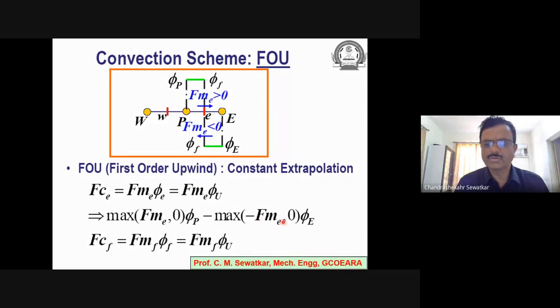And minus F_me, this becomes positive. So this term will be maximum and hence this term will be retained. So when the flow is in positive x direction, this term is retained. When the flow is in negative x direction, this term will be retained. So thus I can implement first order upwind scheme to calculate FCE. So FCE is F_me into phi u. So phi u is either phi_P or phi_E, depending on the direction of the flow.